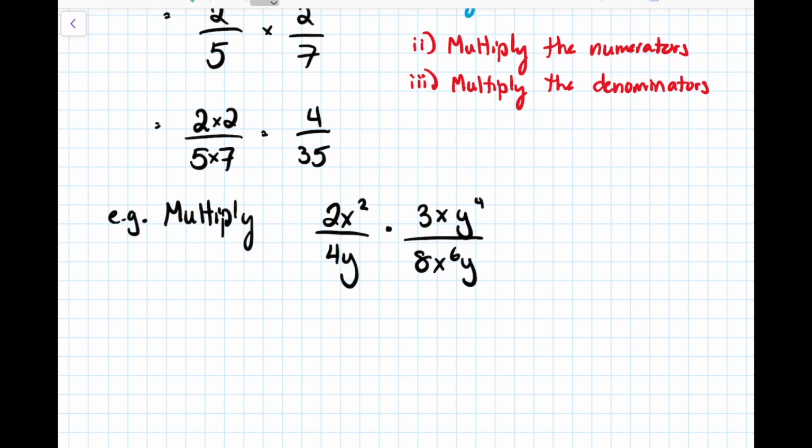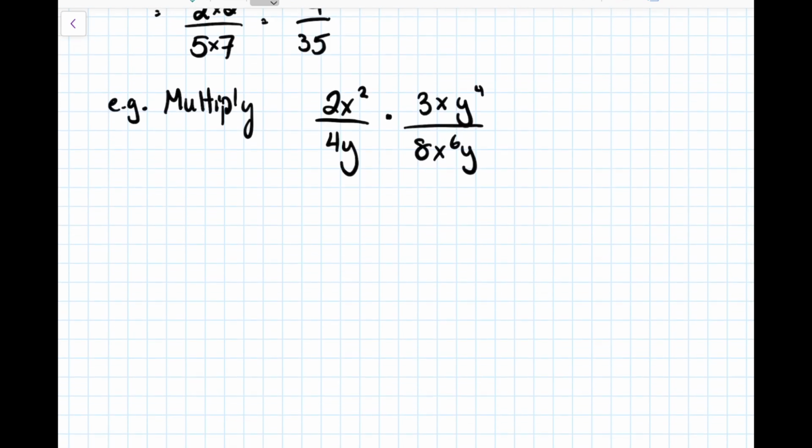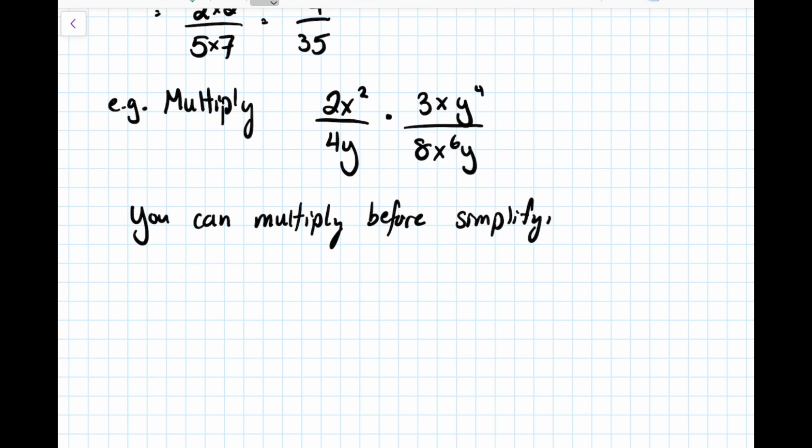I do find that people tend to mix up the exponents a little bit more if they simplify at the beginning because there is a lot more going on. So for me, I would actually multiply before I simplify, but that's just my personal preference. It's really up to you. So whatever you feel most comfortable with.